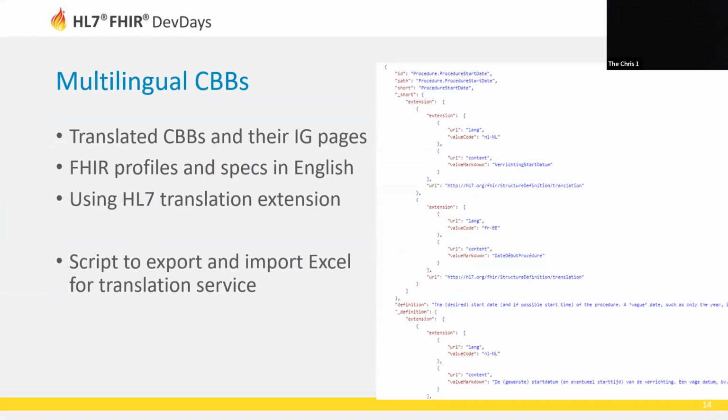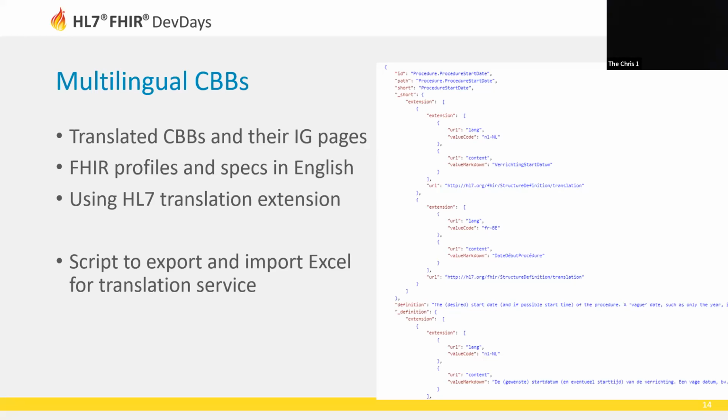So I got 2 quick slides on the multilingual stuff where we did do something already. For the clinical building blocks, we are translating them using the HL7 translation extension. So everything we want to translate has an extension and has a Dutch and a French thing with it.